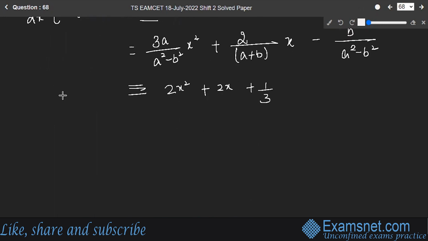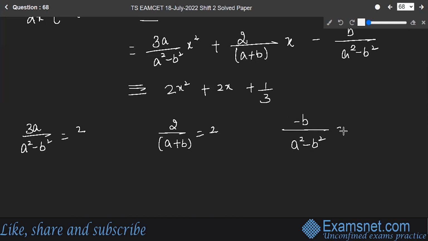This is given to you in the question. That means 3a upon a square minus b square is equal to 2, 2 upon a plus b is equal to 2, and minus b upon a square minus b square is equal to 1 by 3.